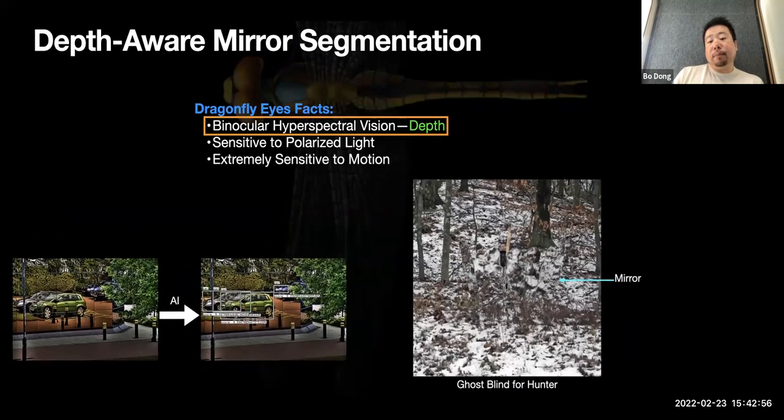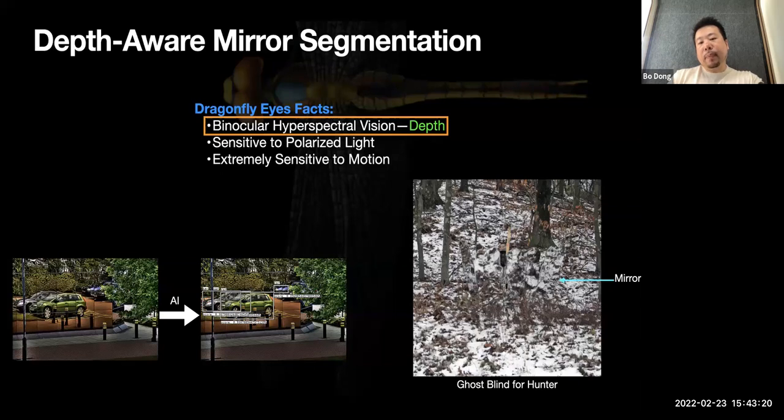And also mirrors can give some trouble to real creatures' vision systems. For example, this thing is called a ghost blind. It's a widely used hunting equipment. And the hunters normally surround themselves with this ghost blind and make their target unable to see them. So in that case, they can bring the prey to close range to either shoot or eyeball them.